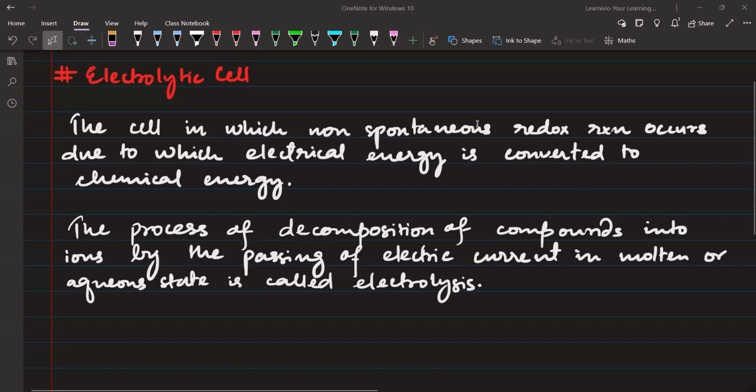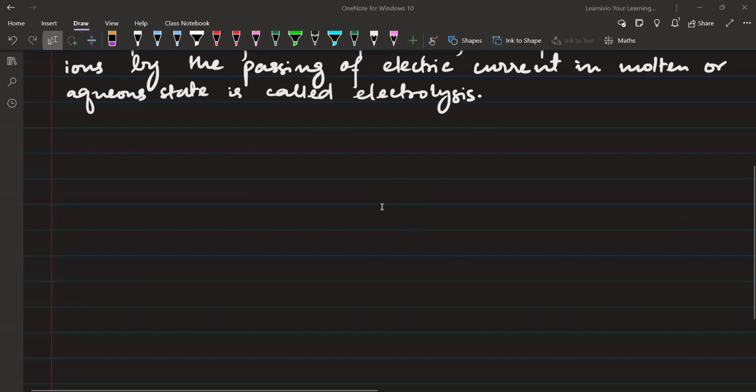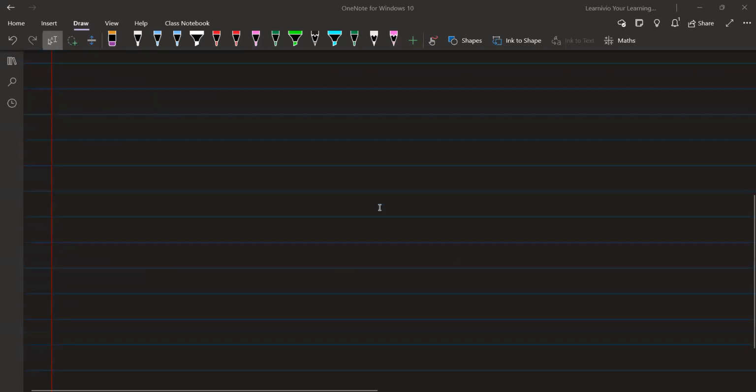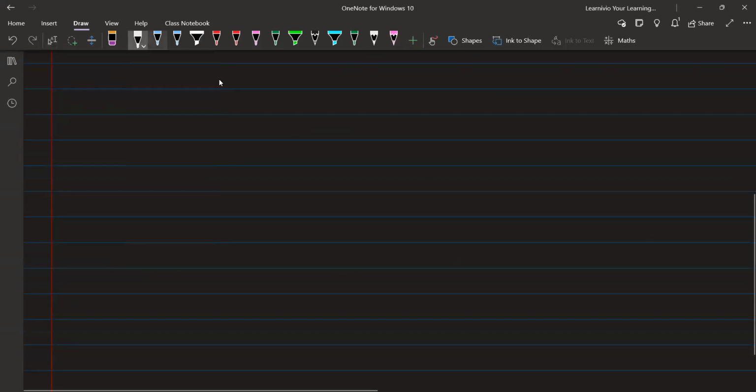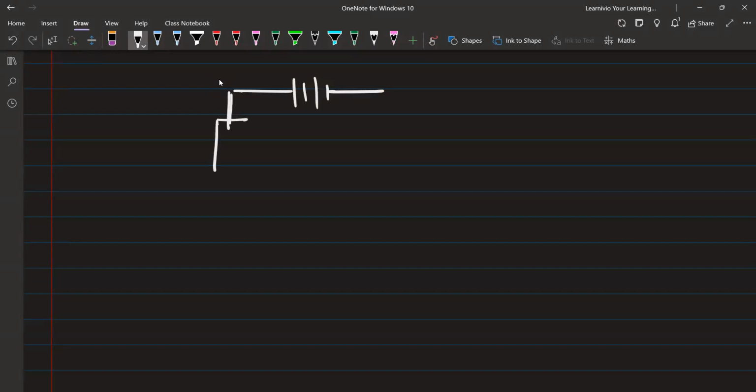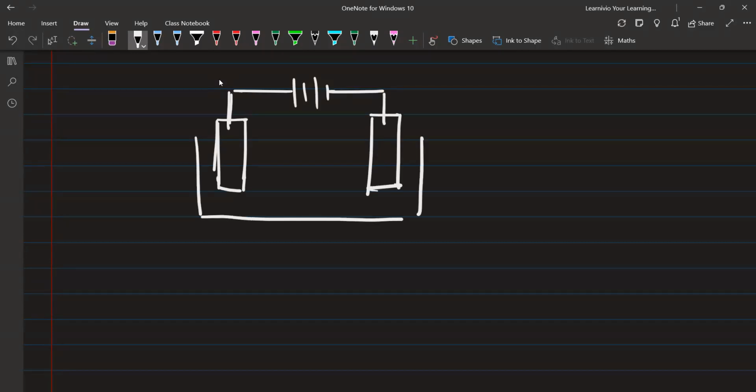Let me give you a bit of idea of what happens here, and I will write all of those points also, so you don't have to worry. In an electrolytic cell, we need to give electrical energy, right? So we need to have some kind of battery which will be attached to some electrodes. Fine.